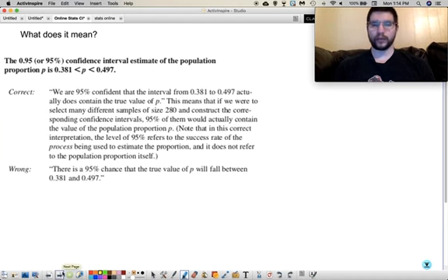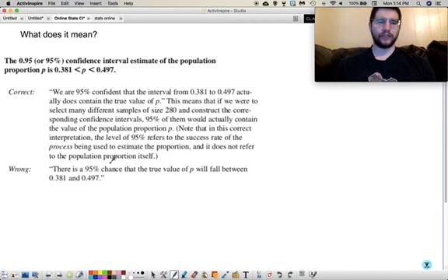So how do we interpret a confidence interval? Some statistics were done, and we got a confidence interval to estimate the population proportion, P, as somewhere between 0.381 and 0.497. So here's a correct and incorrect interpretation of it. It's not a 95% chance.